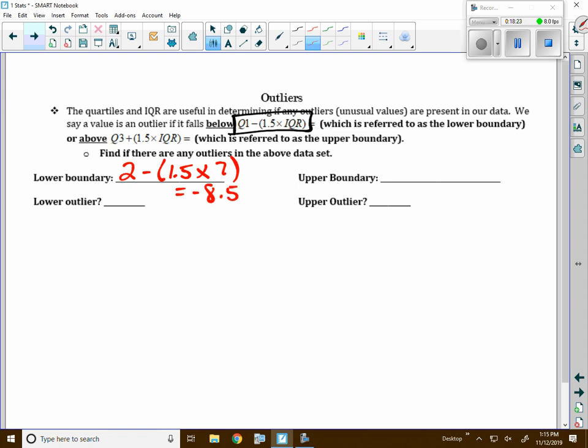You should be getting negative 8.5. So we look at our data set and say, our lower bound is negative 8.5. Do we have a number that is less than negative 8.5? No, we do not. So there is no lower outlier.